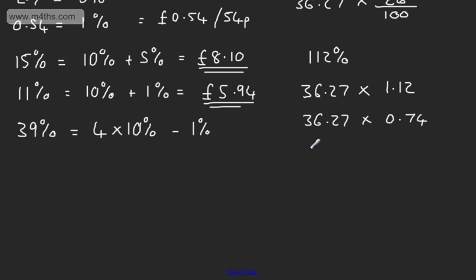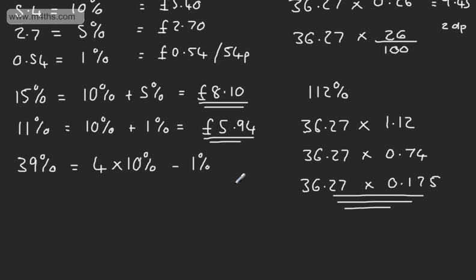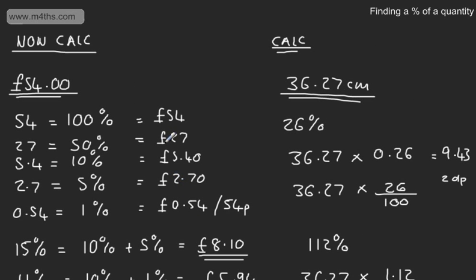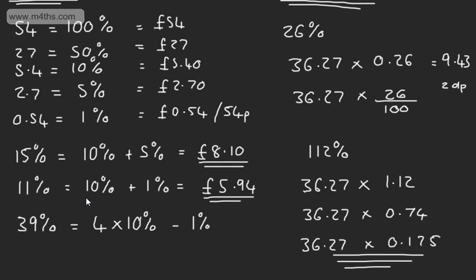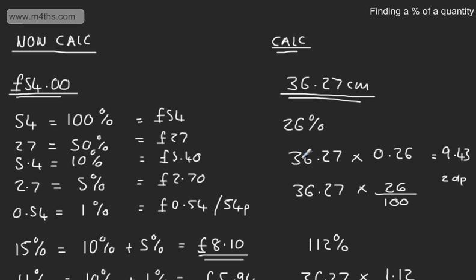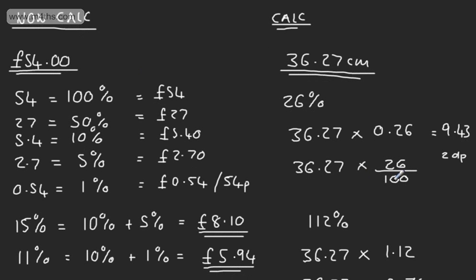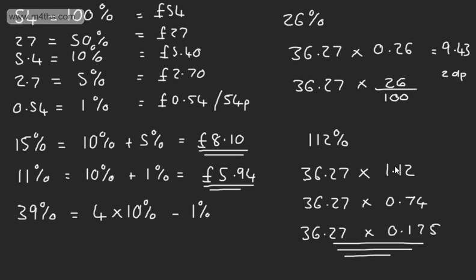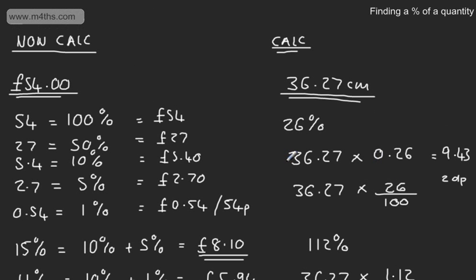If I wanted 17.5%, 36.27 times 0.175, and that would give me now 17.5%. So if it's a non-calculator question, we can now find, using our table of values, different multiples. If we don't have that, we can simply use a calculator and our table of values, or writing these as fractions, to find the percentage of a quantity.